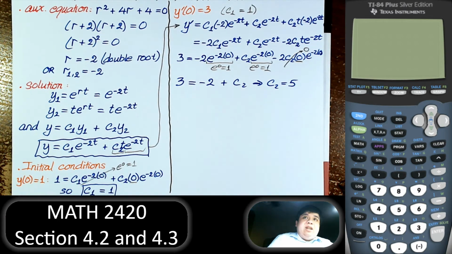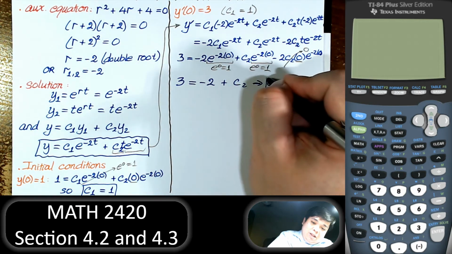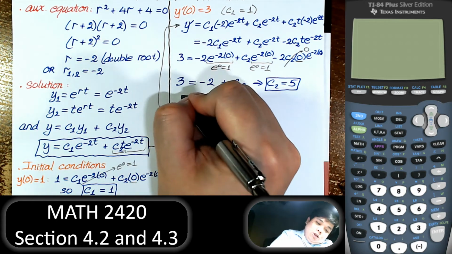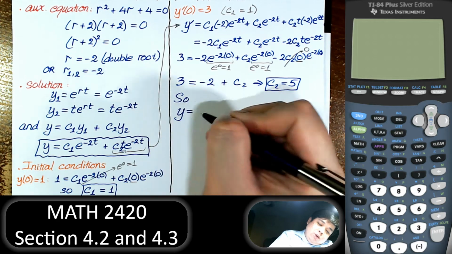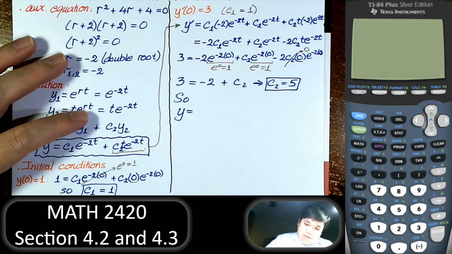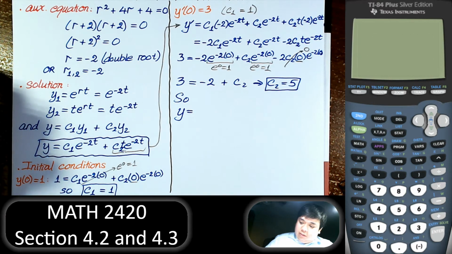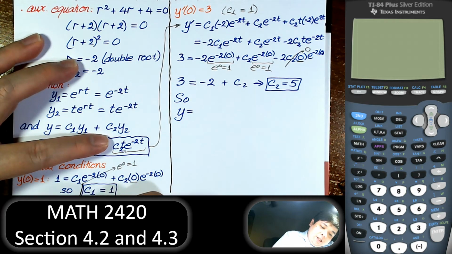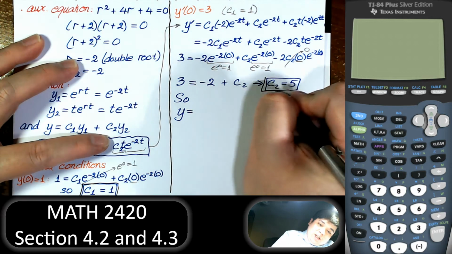So we have C2 and C1. So the solution y equal to C1, C1 is 1 and C2 is 5.